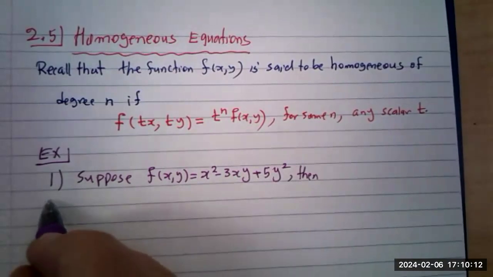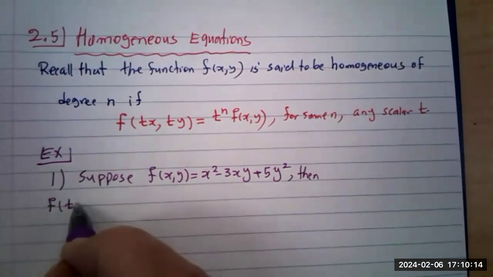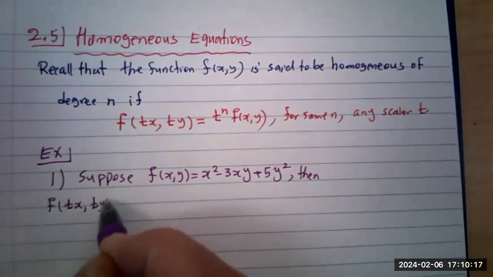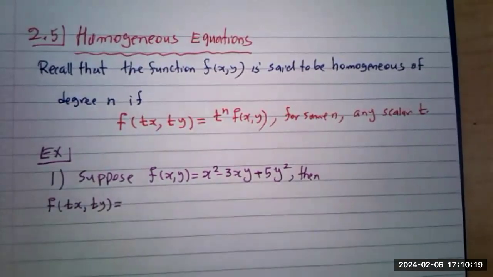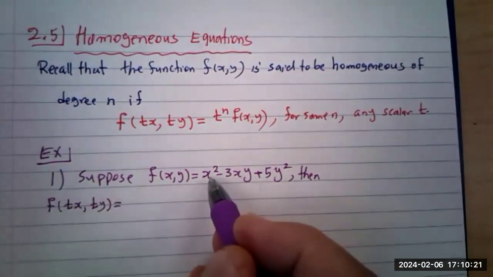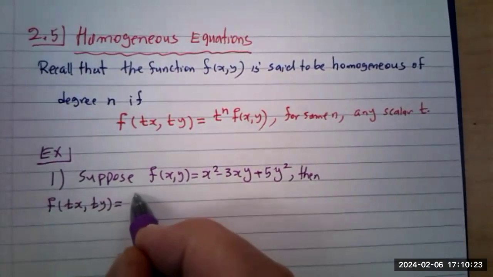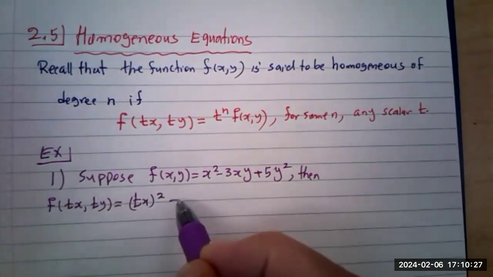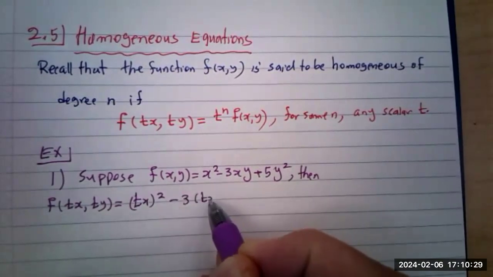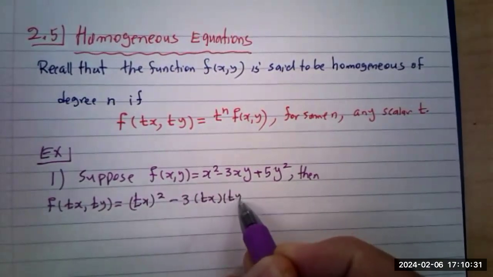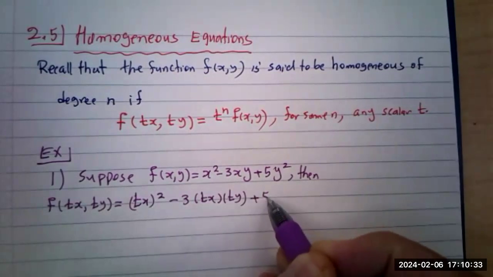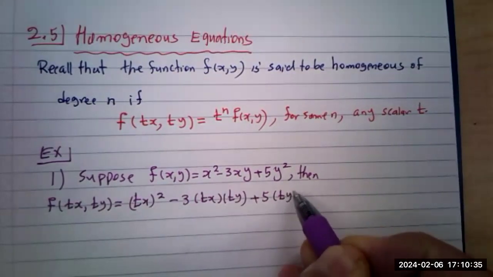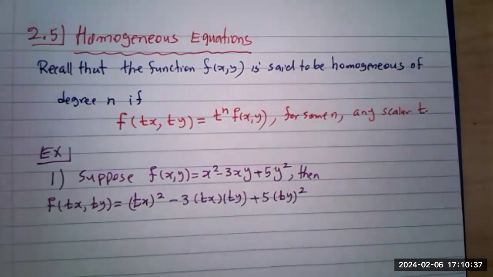Then replace x by tx and y by ty. Substitute. It's going to be tx all squared, minus 3 times tx times ty, plus 5 times ty squared. If you square it, we can factor out the t.